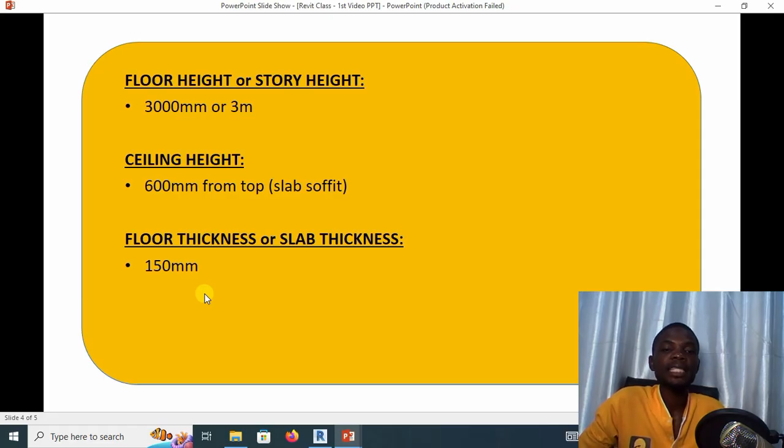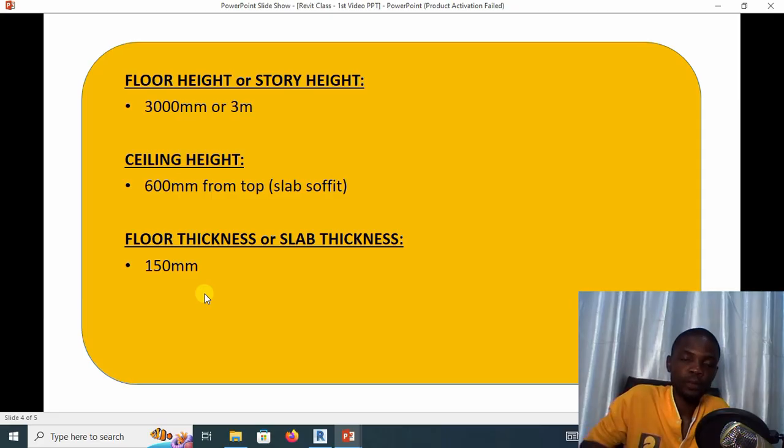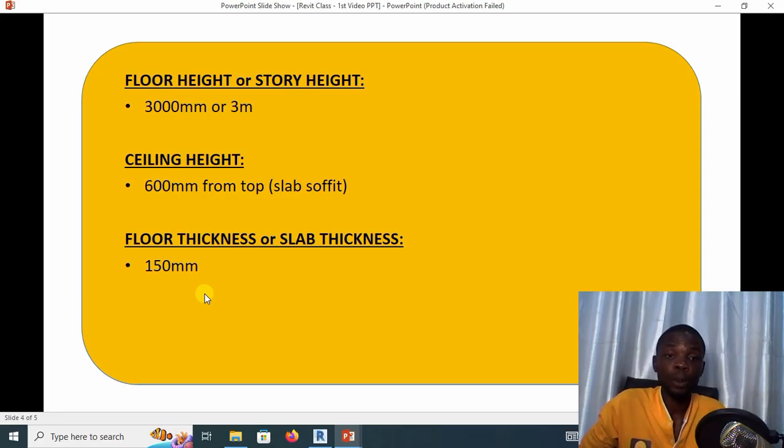Your ceiling height is simply the distance between your floor level to your ceiling, and that distance is usually 600 millimeters, right? 600 millimeters. Or it can be the distance between the bottom of your roof to your ceiling level. That distance should be 600 millimeters.